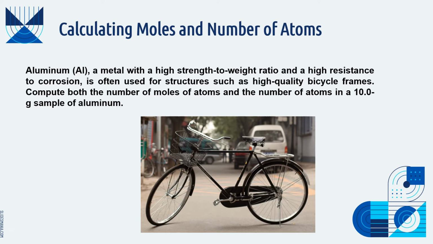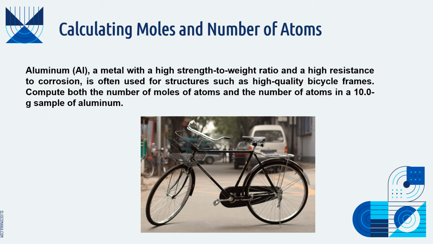So this time, compute both the number of moles of atoms and the number of atoms in a 10.0 gram sample of aluminum. So we have to get the number of moles in that 10-gram sample of aluminum and the number of atoms from the moles computed from the 10-gram sample.